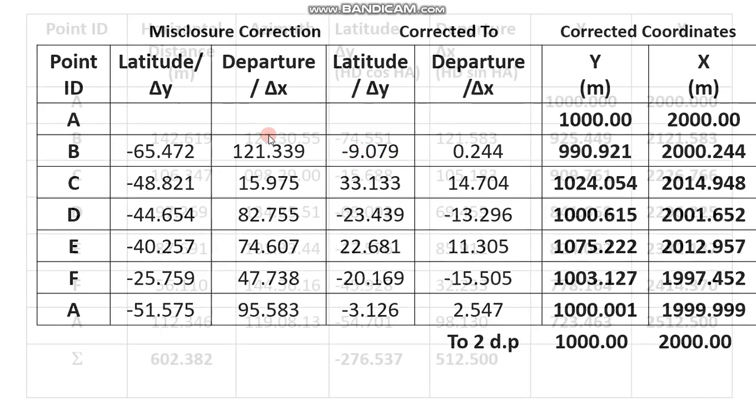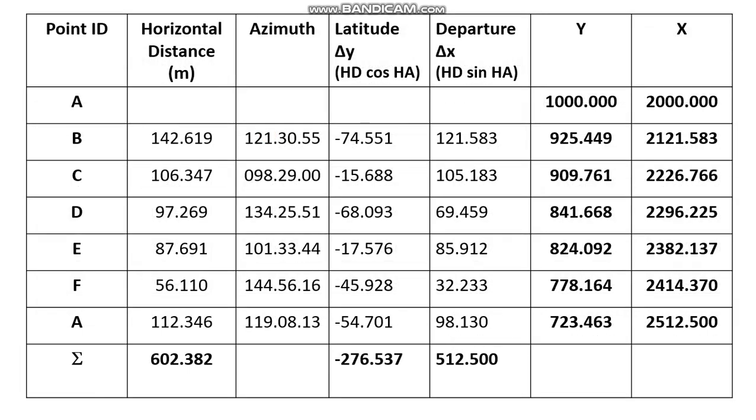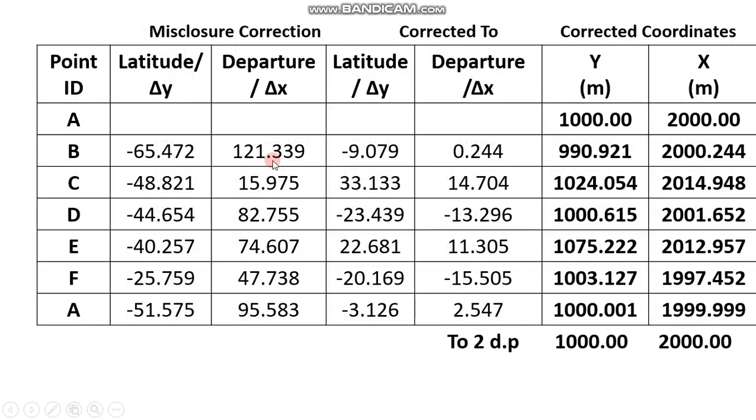Then for departure delta x, we say 121.583 subtract 121.339, we find 0.244. We do the same for the rest of the points.